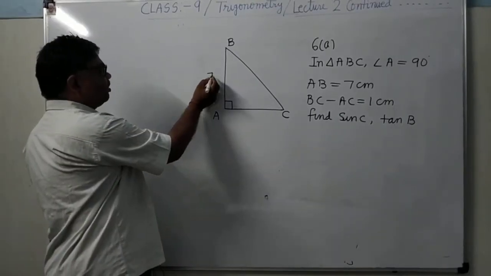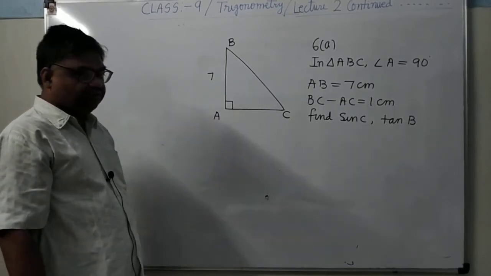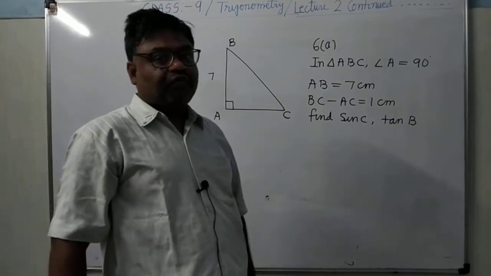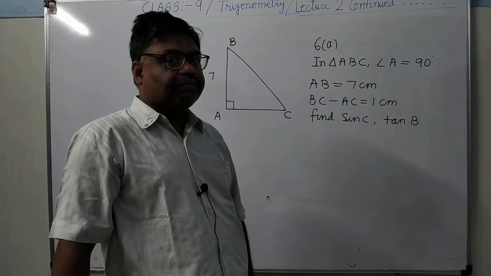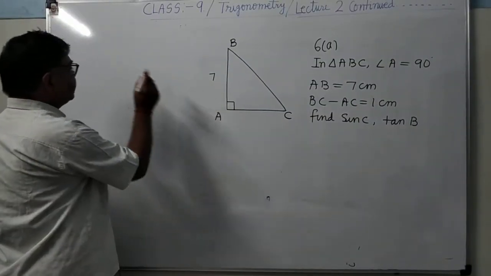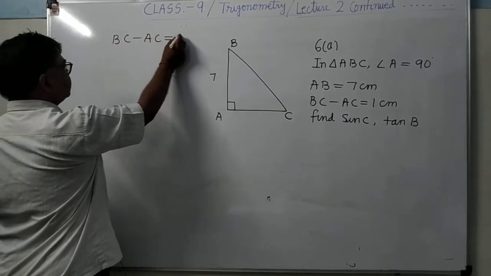Now what is given here? AB is given as 7, and BC minus AC is given as 1. These two sides are not given, so first you have to determine them. How will you determine these two sides? BC minus AC equals 1 centimeter is given.